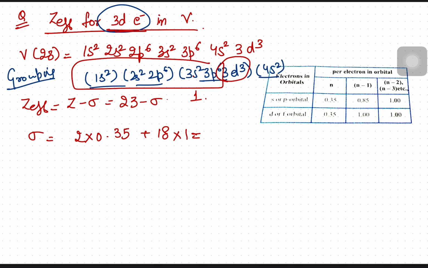Now we can do its numerical portion. Students, you can do it side by side in your notebooks. So calculate 2 into 0.35. I hope you are doing that in your notebooks.